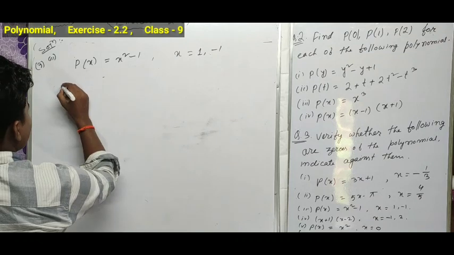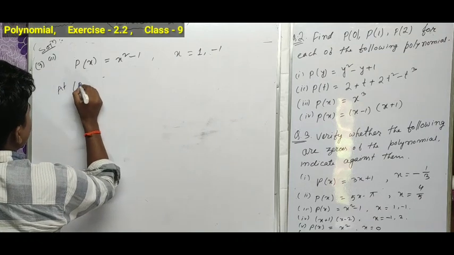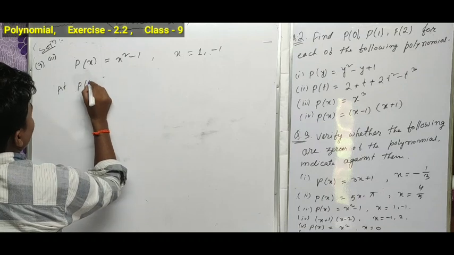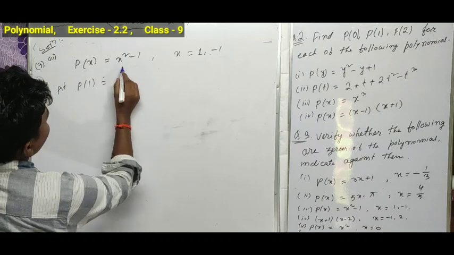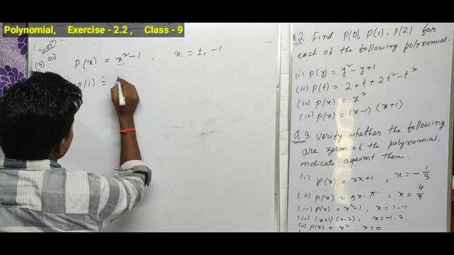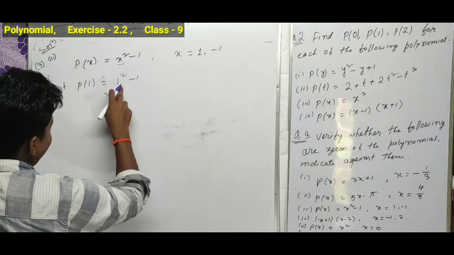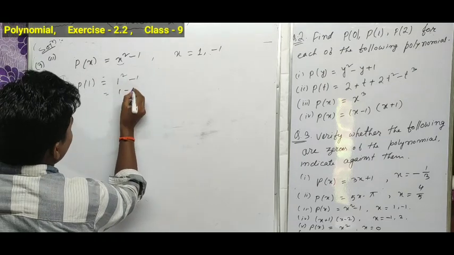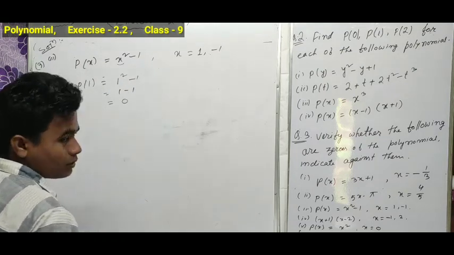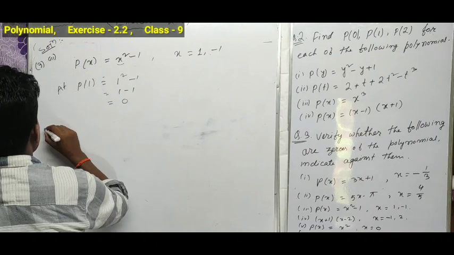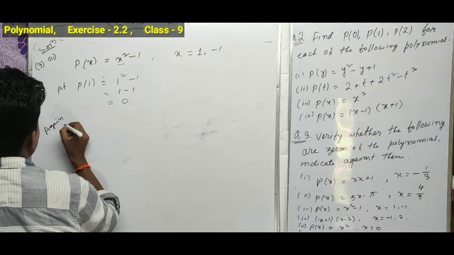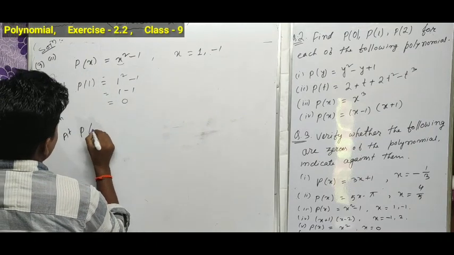We can say at p1. If we put here in this x plus 1, so 1 square will come 1. So 1 minus 1, 0. Yes, very simple.